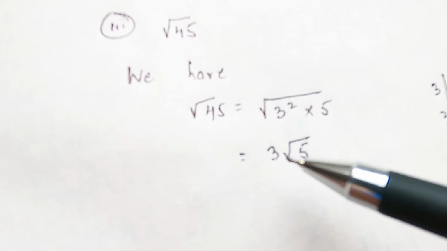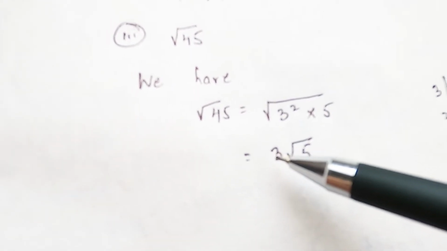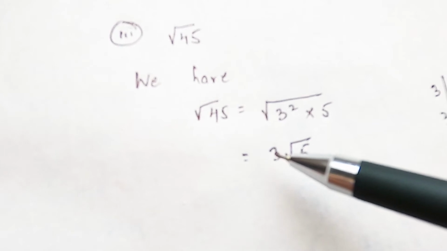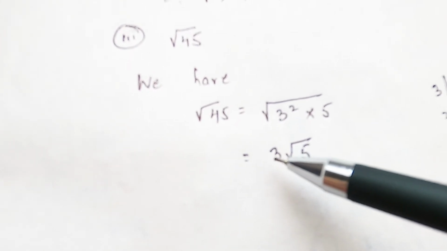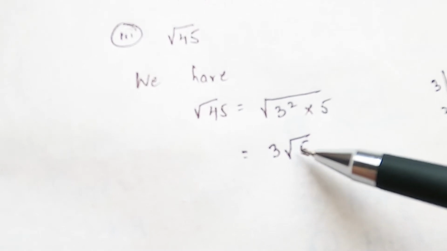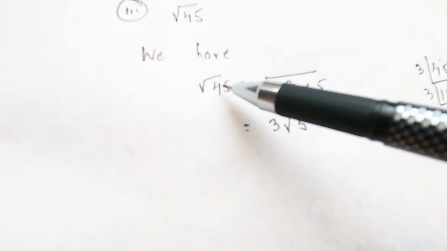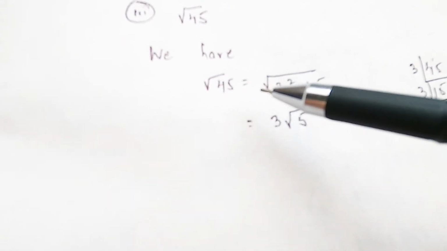In this case we can see that the product of a rational number and an irrational number is irrational, so root 45 will be an irrational number.